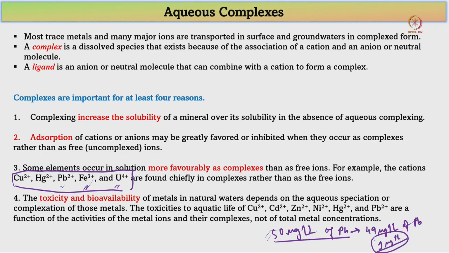You should be able to do the speciation, and only then can you say that this much of the element is bioavailable and this is beyond the tolerance level of that particular species, and therefore, we should be taking necessary steps to prevent poisoning or harm to the life of that species. So, bioavailability studies depend on speciation, aqueous complexation, and understanding of aqueous complexes.